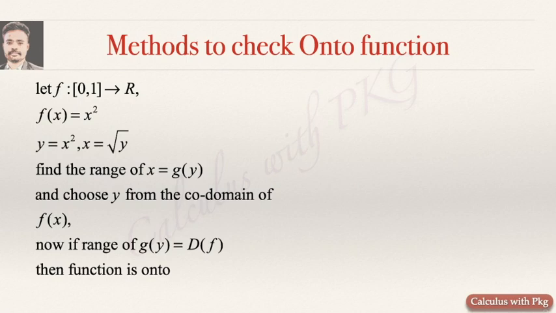Now we know that the function x equal to g of y has a range of all positive real numbers including 0. But here in this example, the domain of the function f of x equal to x square is the closed interval 0 to 1. So clearly the range of g of y is not equal to the domain of the function f. So the function f of x equal to x square is not onto, it is an into function.